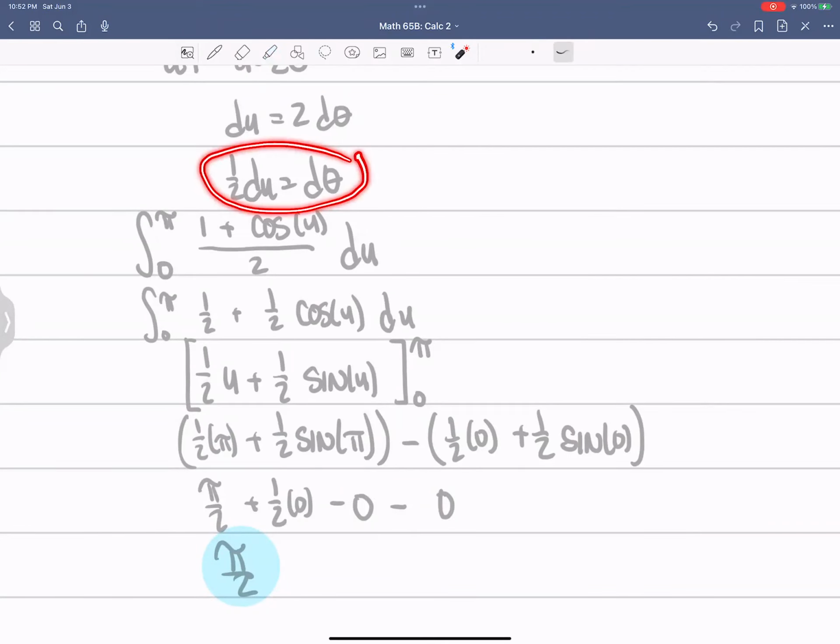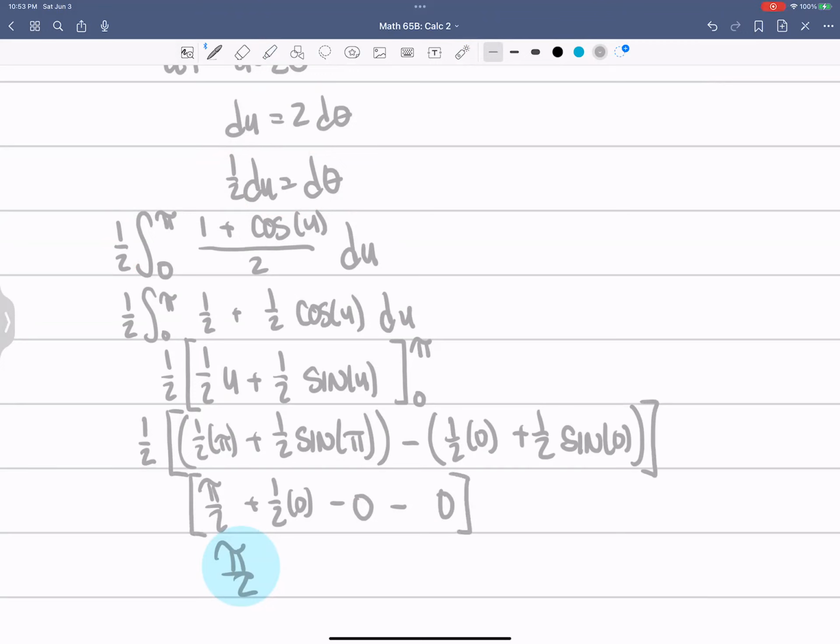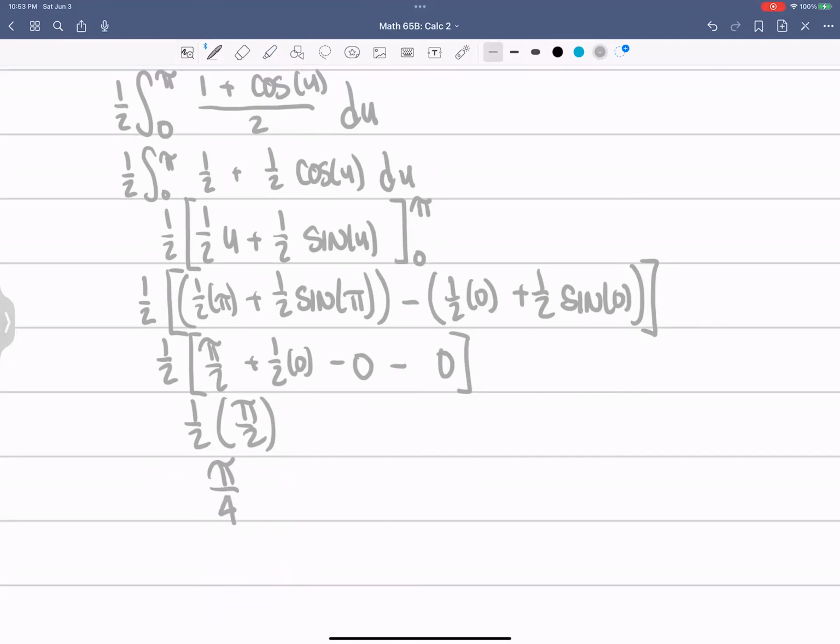So let's multiply all of this by 1 over 2, same thing over here. Wouldn't it be 1 over 2 times that pi over 2, which is indeed pi over 4? There we go. That's the right solution.